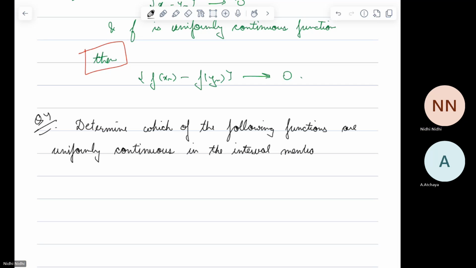First, we have f(x) equal to e to the power x square sine x square, and our domain is the open interval 0 to 1.